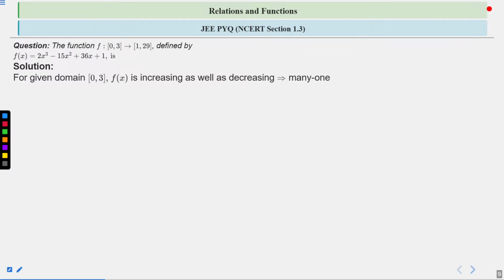But in some range f'(x) is positive and in some range it is negative, so you cannot say f(x) is strictly increasing or strictly decreasing. So the function in the domain 0 to 3 is many-one. Now let us check whether it is onto or not.